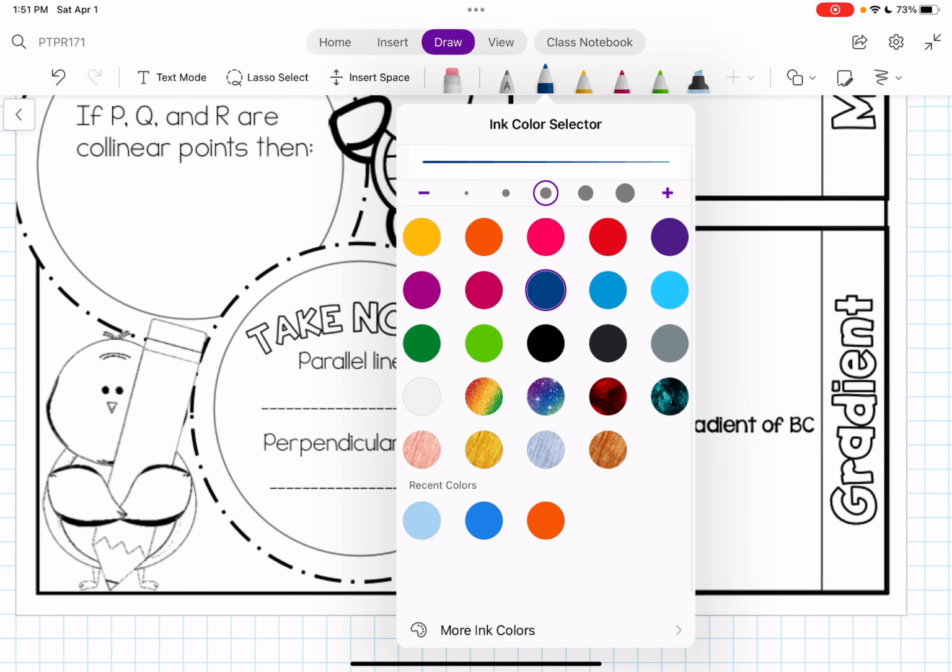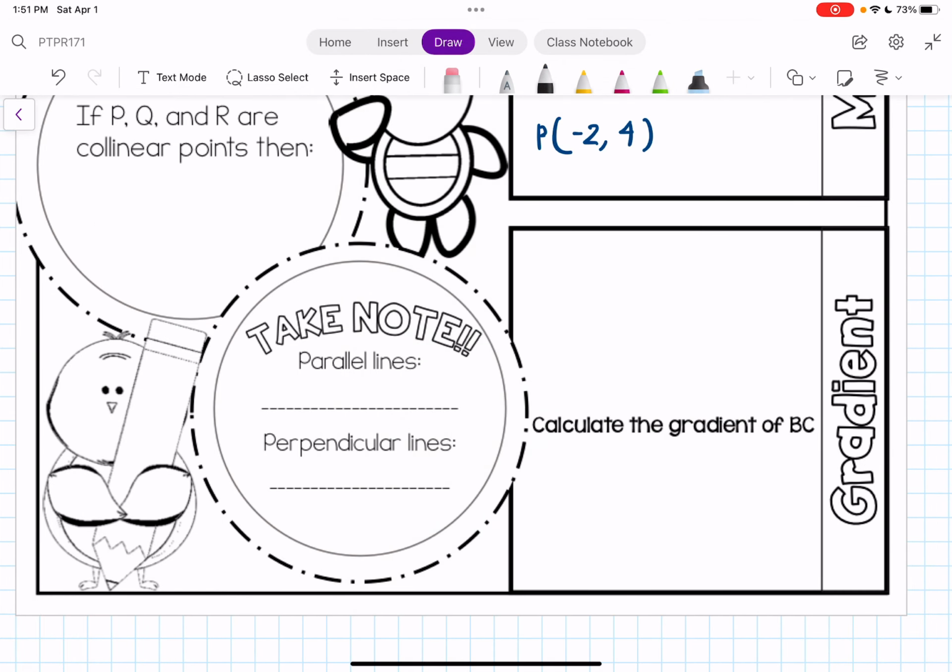Now gradient, I'm hoping that you have this ingrained, burnt into your brain from grade 9. How do we calculate the gradient between 2 points, or the gradient of a line? Because remember, the gradient of a line is just between 2 points on that line. So gradient, yes, it's rise over run.